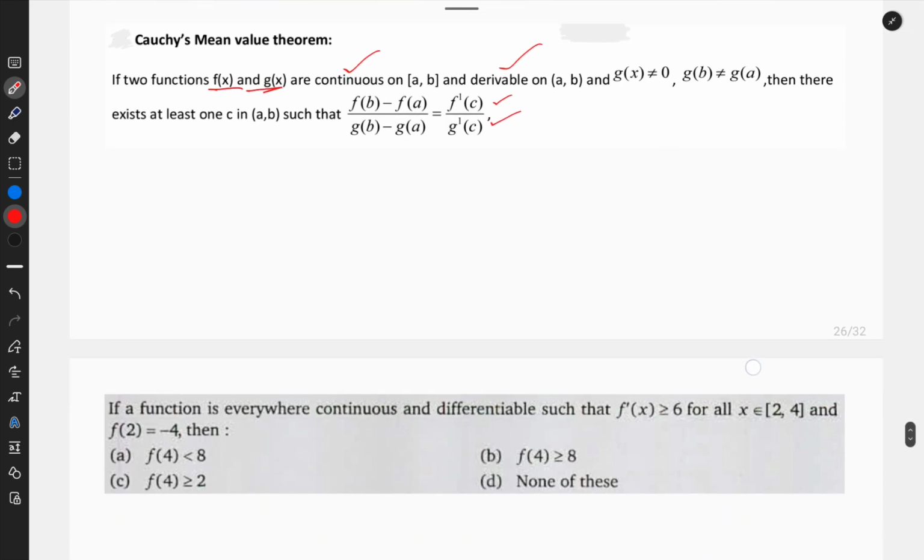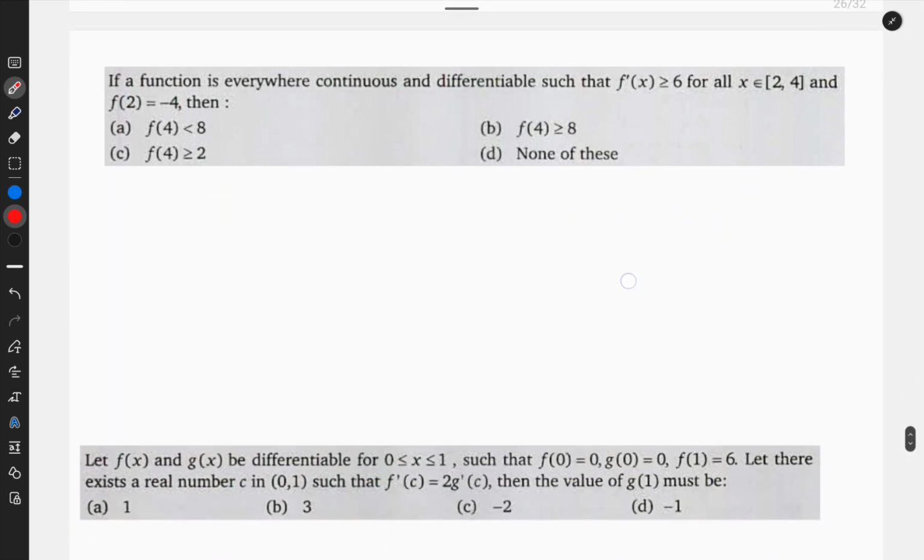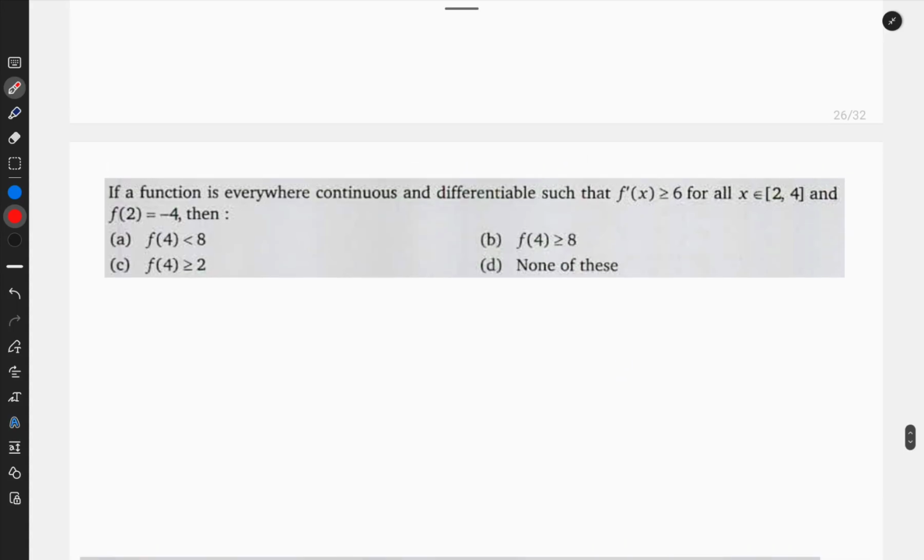Now let's see some questions based on these applications. Let's look into a question here. A function is everywhere continuous, meaning it is continuous on the set of real numbers, and differentiable on R also, such that f dash of x is greater than 6 for all x belonging to 2, 4, and f of 2 is also given.